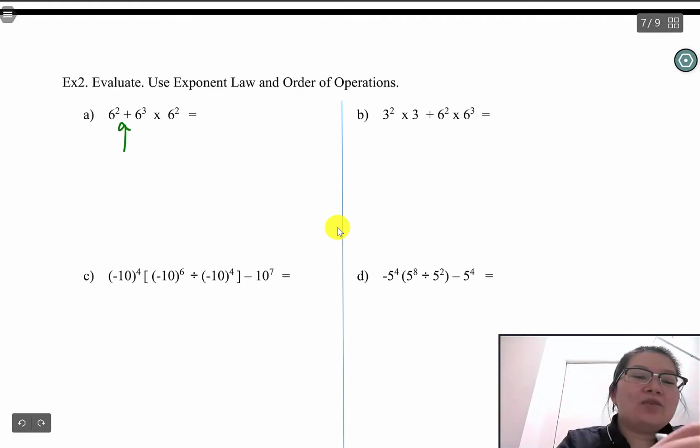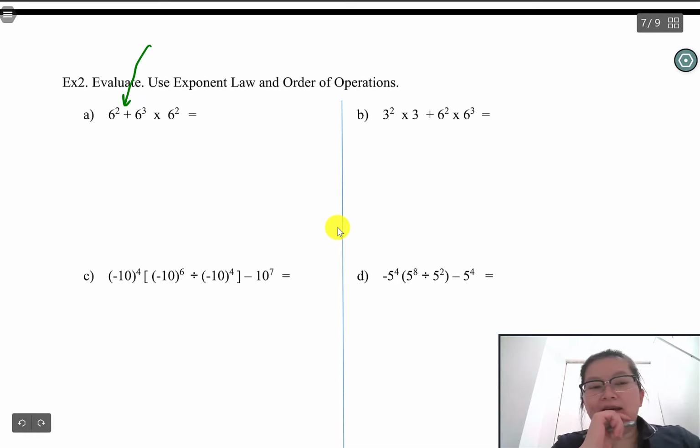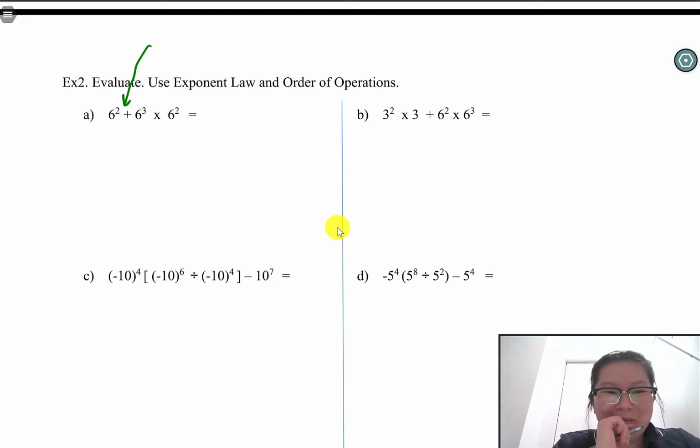Why do I want to talk about that is because sometimes I would get students asking, if I'm adding my powers, can I also add their exponents? And the answer is, unfortunately, you cannot. And there's a very good reason for that.